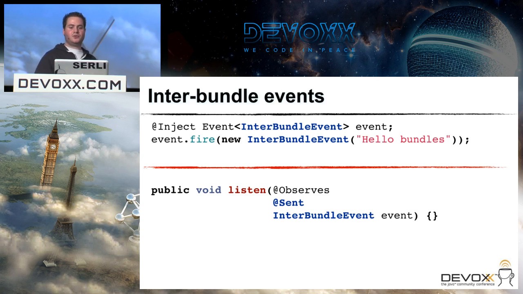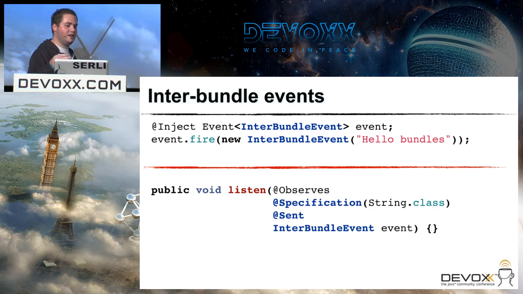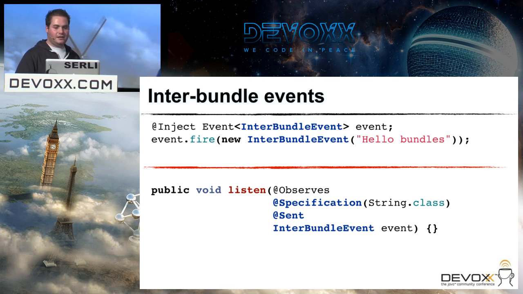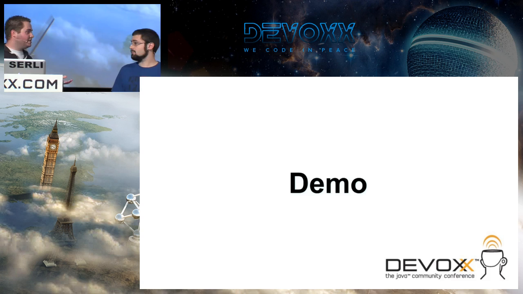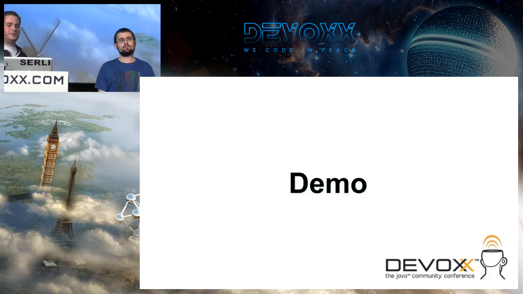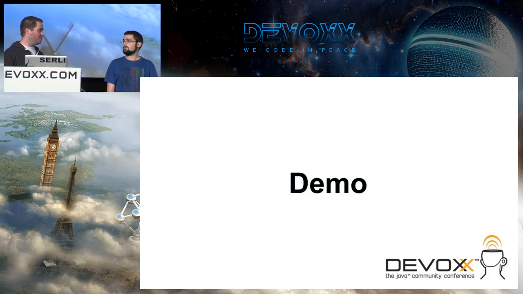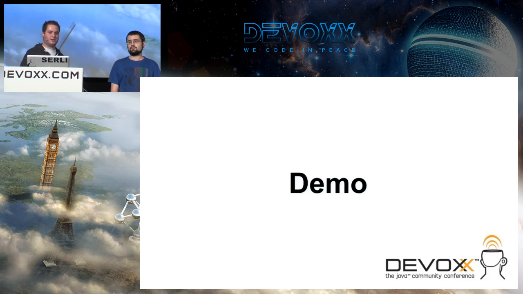It can be useful to listen to inter-bundle events from its own bundle, so we left the ability to do that, but the default is not to listen for your own inter-bundle events, and you can obviously use both at the same time. It's pure CDI. It's very CDI-ish. It's not something we created. It's just the way you can listen to events in CDI. So you can use a lot of annotations like that to filter your events.